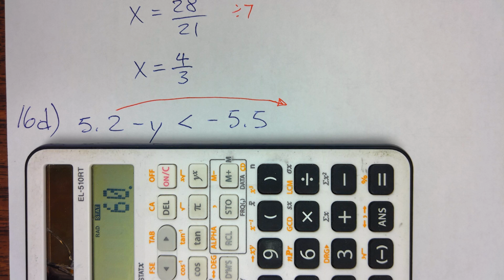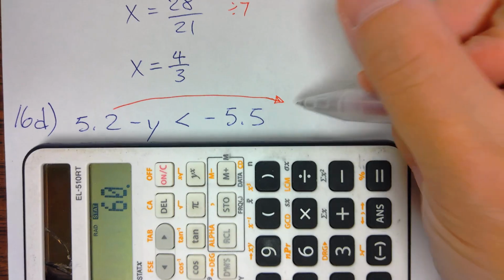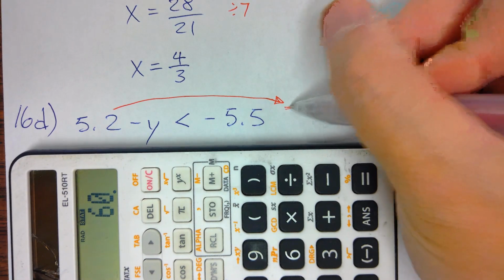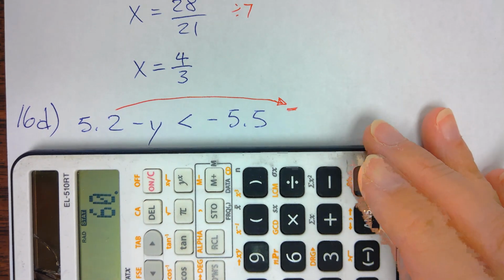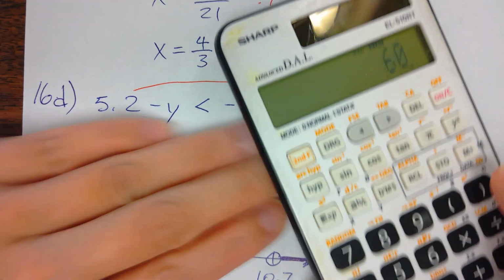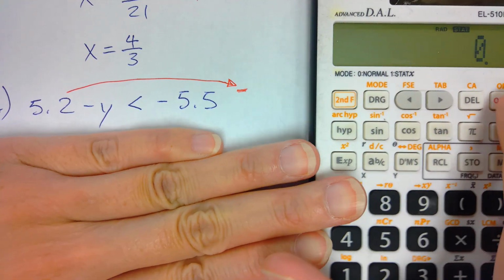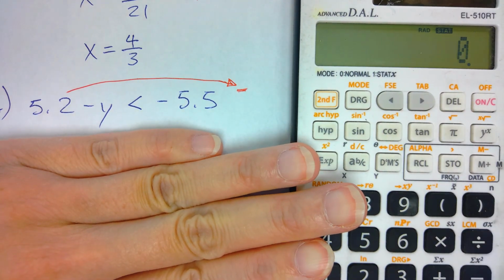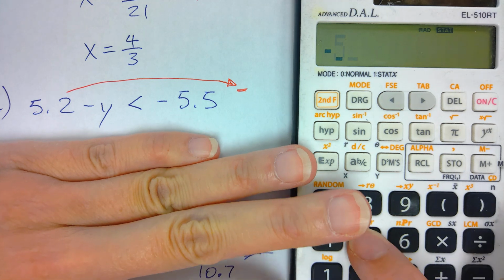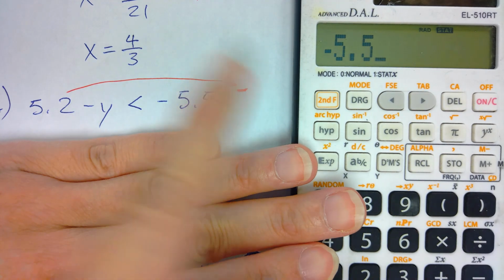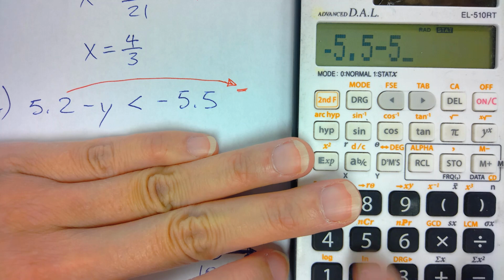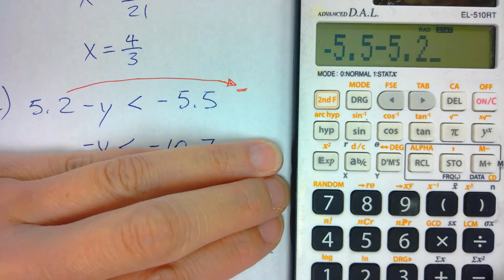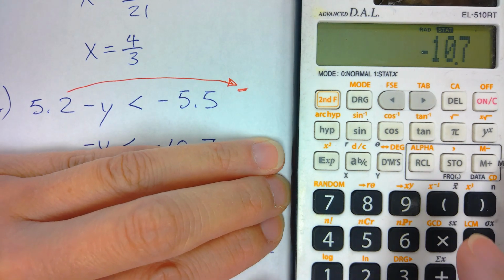I want y by itself, so I have to move away something. 5.2, move it to the right, and it becomes minus 5.2. On the calculator, this is how you would put it: negative symbol, 5.5, and then minus 5.2. And you'll get negative 10.7.